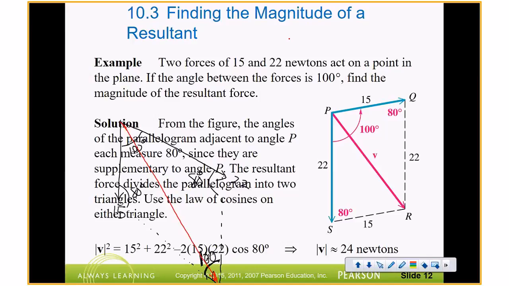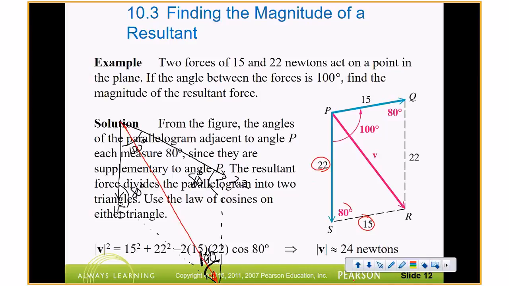So look, go ahead and write that down. c² is equal to a² plus b² minus 2ab cosine of C. Basically what they're doing, because you have an angle, side, and an angle... side, angle, side. Right here, side, angle, side.